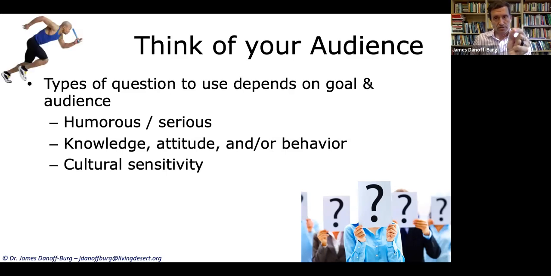All right, so along those lines, let's take a few minutes, and relative to your research question, what are some of the issues about your audience that you would want to take into consideration? From the perspective of the humorous or serious side, what knowledge, attitudes, and behaviors does your community have as its social norms, and what are the cultural sensitivity sticking points that you need to be mindful of?